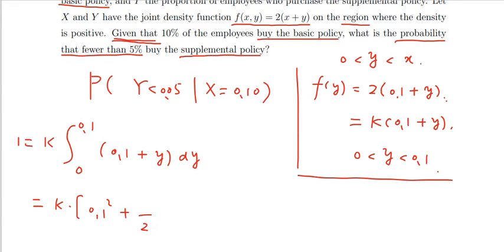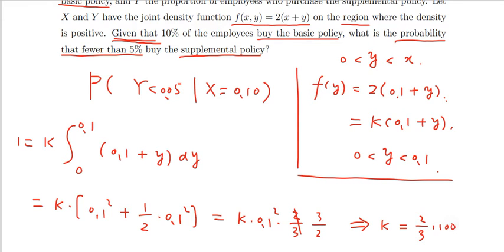So this equals 0.1 squared times 3 over 2. So we find k equals 2 over 3 multiplied by 100, right? So k equals this.